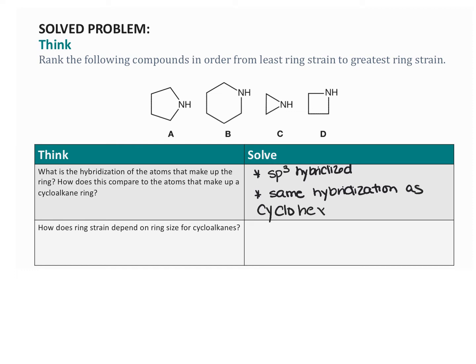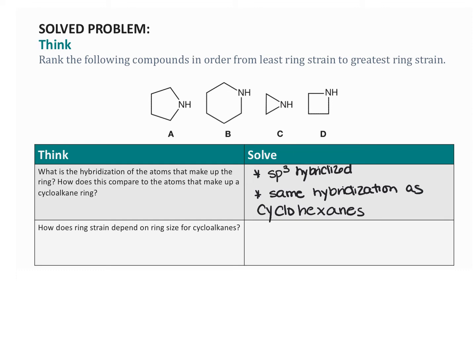Now we will get into later what we do when the hybridization is different, but what we're doing right now is we're just drawing some comparisons. So right now, this hybridization is the same as the cyclohexanes on the previous slide, table 4.1.